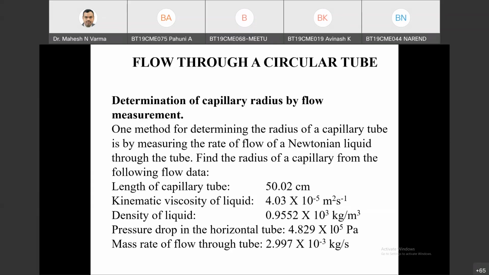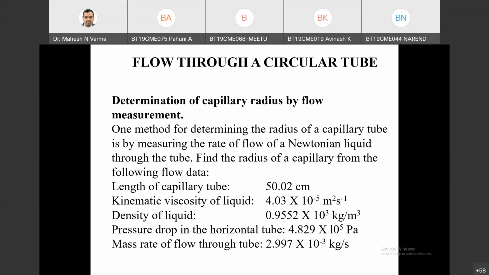Calculate the stress exerted by the flowing fluid on the wall, multiplied by area, that will give you the drag force, and using that you can calculate the pump capacity. Yes, sir. Here also you can use a friction factor, provided you have an engineering correlation for that.